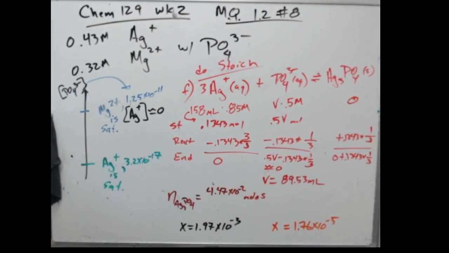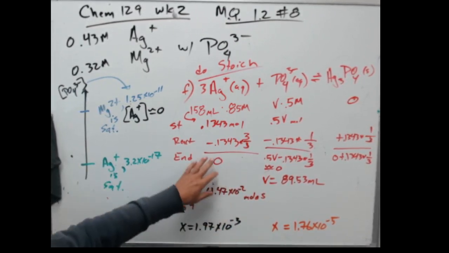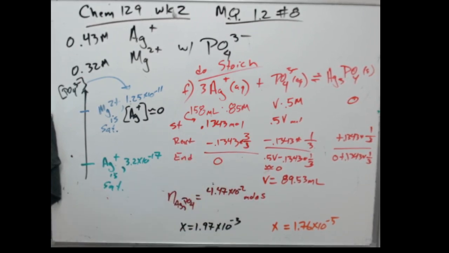Did I really make that much? Do I really have 0 silver left in solution? Is there ever 0 ions left in solution? No. So this 0 can't be right. Which means this number of moles I've made is more than nature actually made.